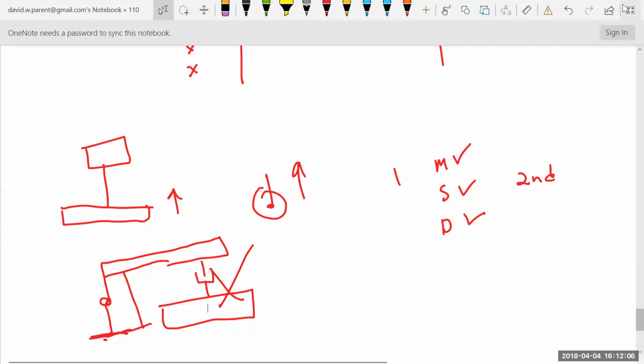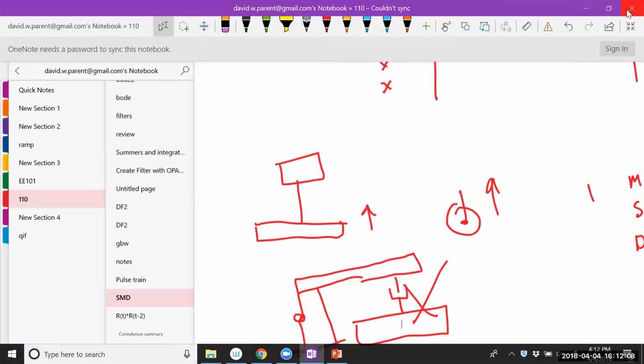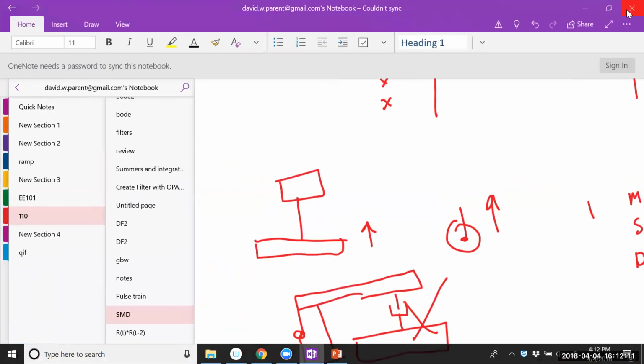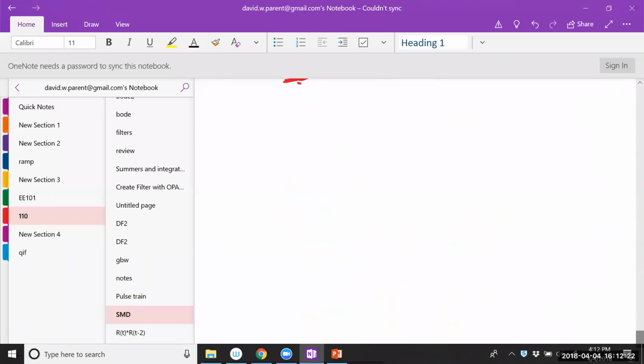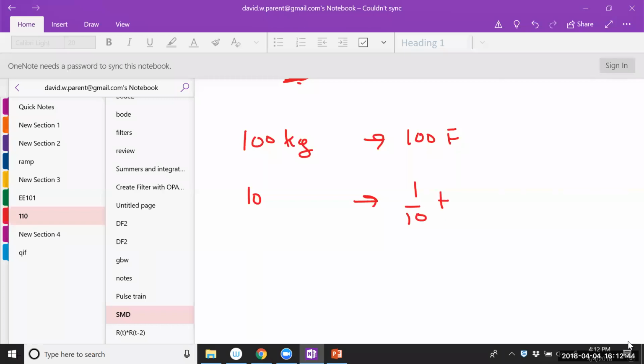I know that was a lot. Any questions? Oh, okay. So Devin said, if I say I'm 100 kilograms, that would be 100 farads, right? If I say I'm 10 something of a spring constant, whatever those units are, it's 1 over 10 henries, right?